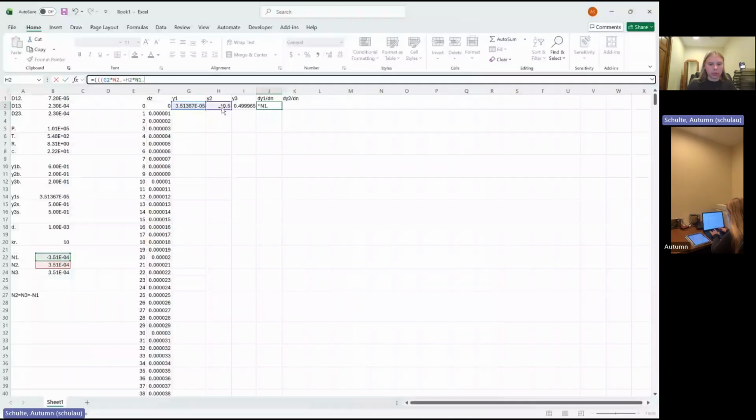This is all going to be divided by our concentration multiplied by the diffusion coefficient of ethanol through acetaldehyde.